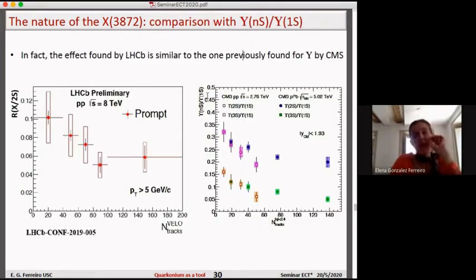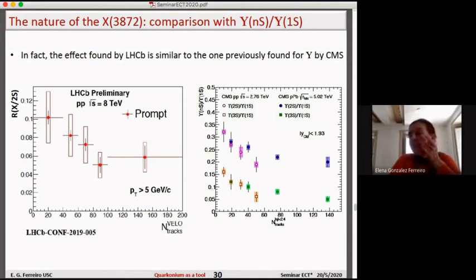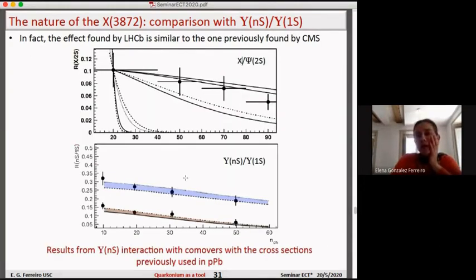In fact, this motivated us to apply this study to other results that we didn't pay attention to before. Also from proton-proton collisions, for the upsilon excited states over the ground state by CMS, for example, versus the multiplicity. We just applied it, we did that in 10 minutes, and the results were like this. This is for the upsilon.